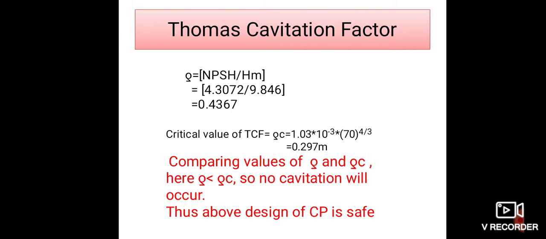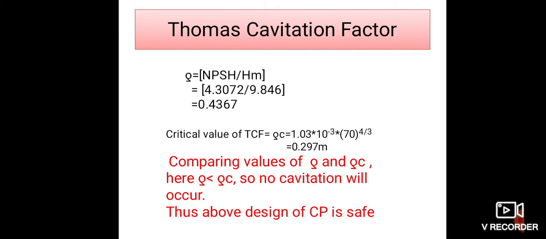Now how do we check whether this value is correct or not? One of the most important parameters is the Thoma cavitation factor, denoted as sigma. The formula is NPSH upon Hm, the ratio of net positive suction head to the manometric head, which is called the Thoma cavitation factor. For this case the value becomes 0.4367.